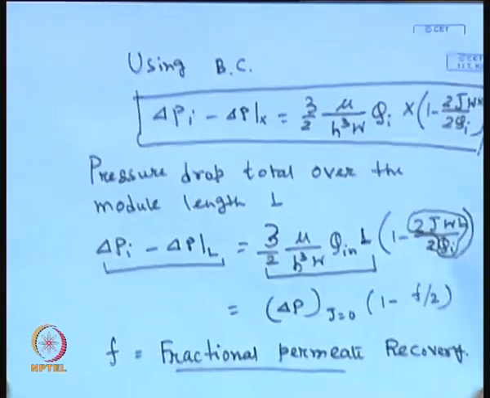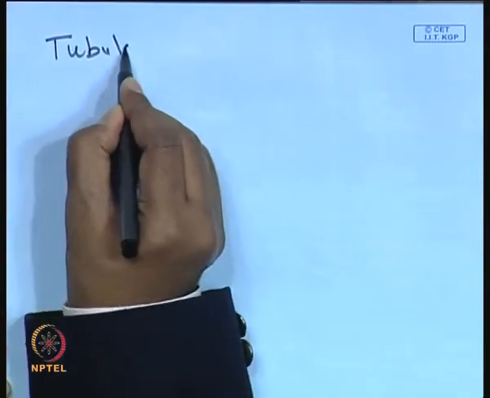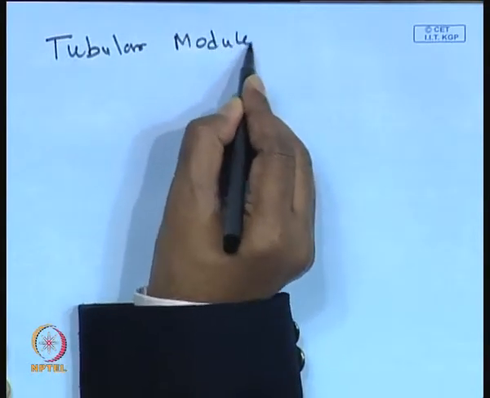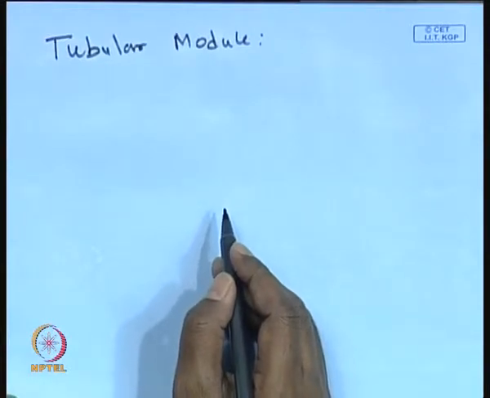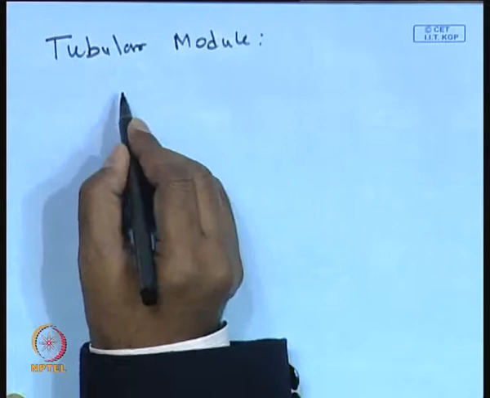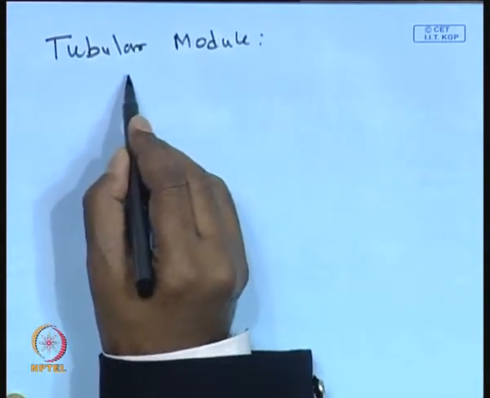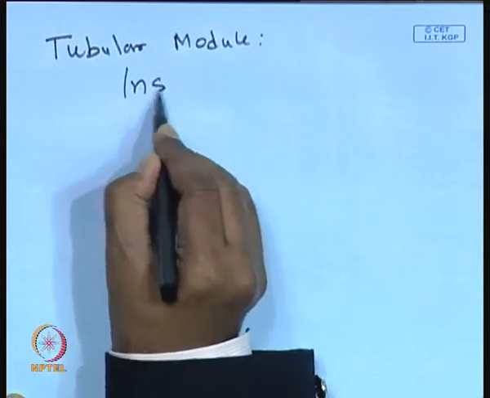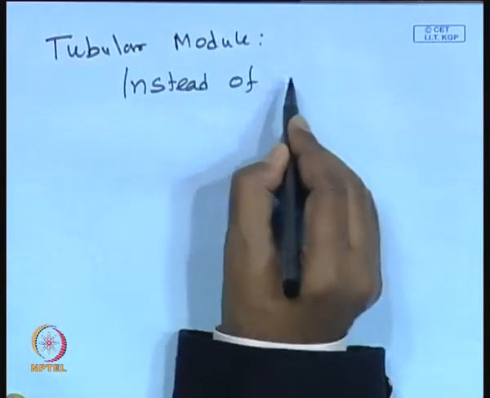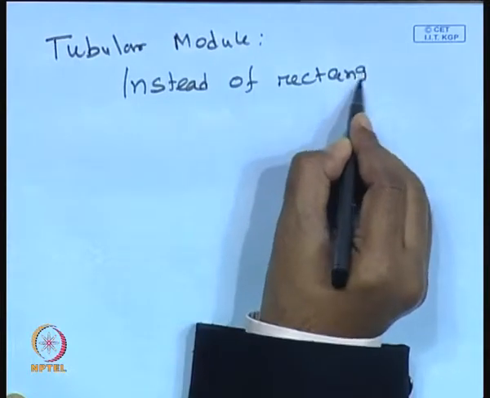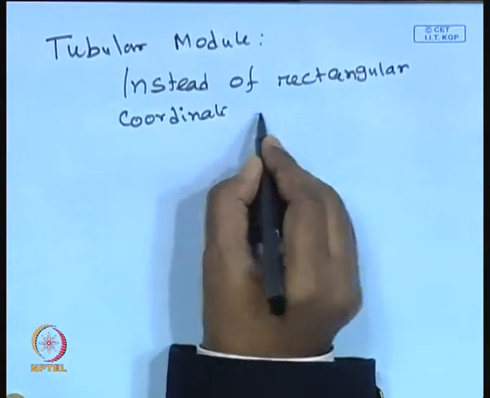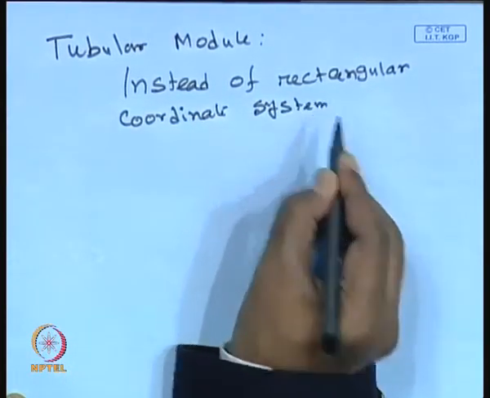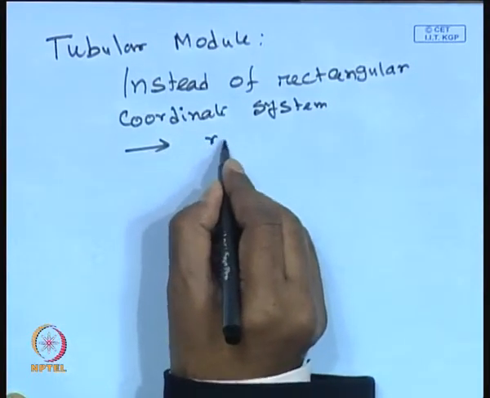Now, we will go to a tubular module and see how the system can be modified. In the case of a tubular module, we do the same type of analysis. The only difference is that instead of the rectangular coordinate system, we go for the radial coordinate system.